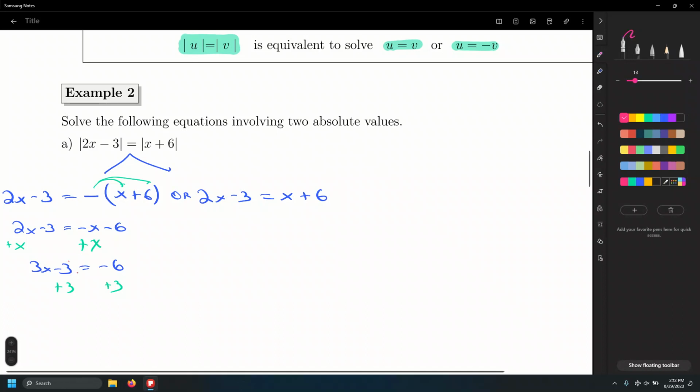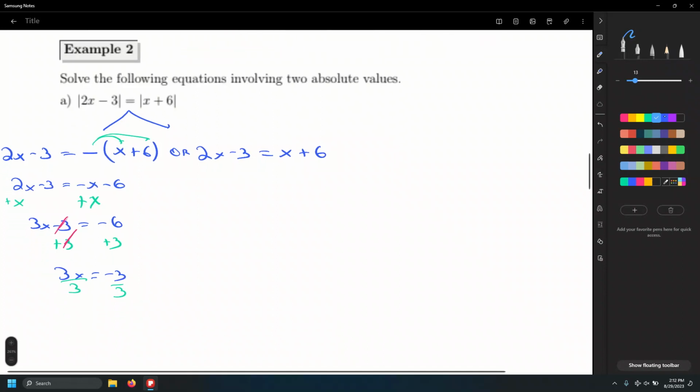Cancel, cancel. That's 3x equals negative 3. Then divide both sides by positive 3, not negative. That leaves us with x equals negative 1.